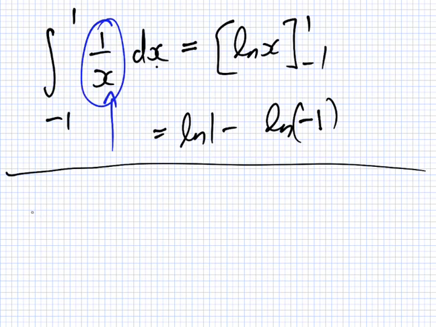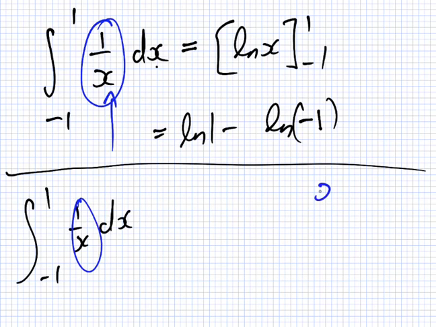Okay, so let's pretend we start the question again. Minus 1 to 1, 1 over x dx. Can I use any number for x here? If I had 1 over x, can I always calculate 1 over x? Except for 0. So here you say x does not equal 0. Then you picture minus 1 and 1 on the number line.